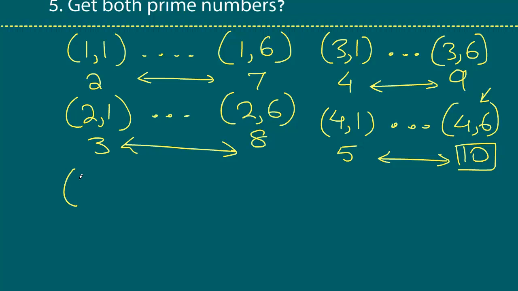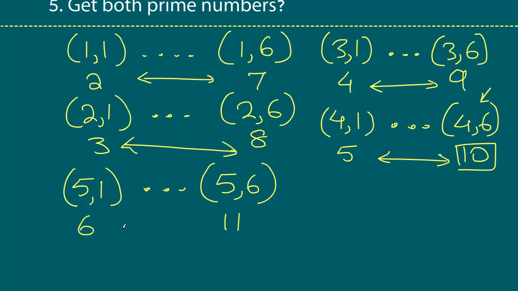For the fifth row, we start from this, and then we go to 5 and 6. So this is 6 and this is 11. So here we will have two values, 5 and 6, that is 11, also 5 and 5, right, which will be over here.